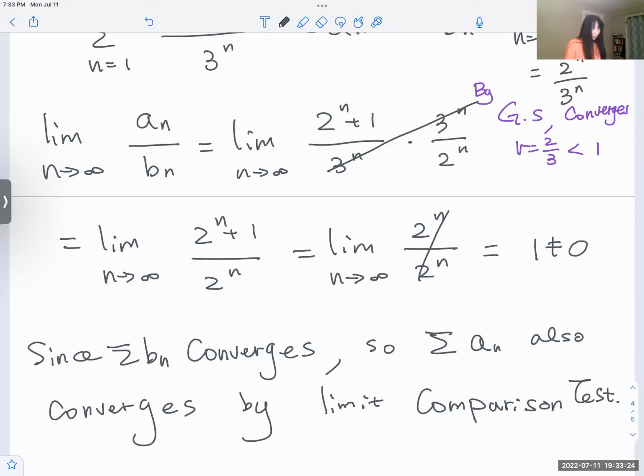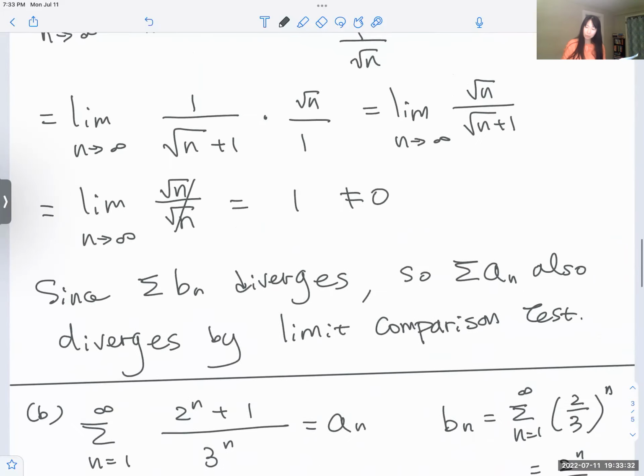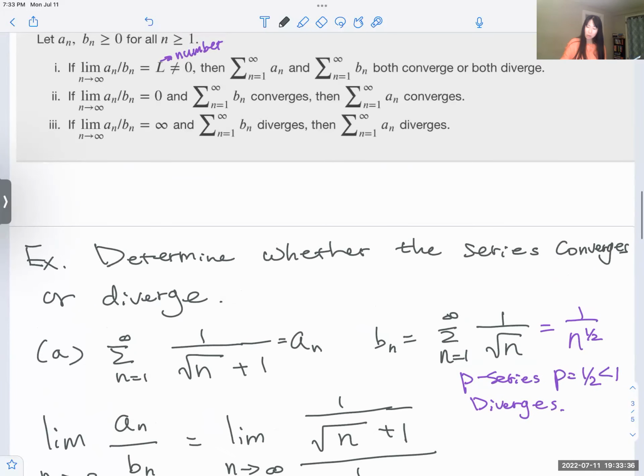That's it. I cannot find a problem whose limit is 0 or positive infinity. Most of the problems give just a number.